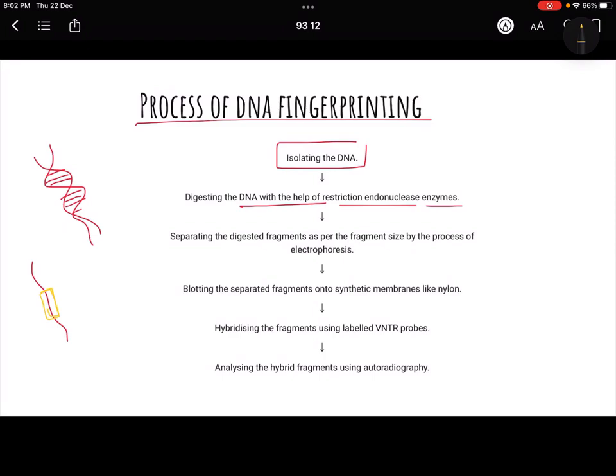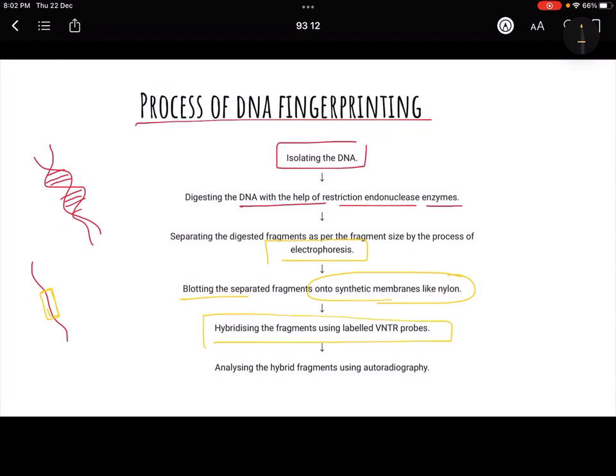Then this fragmented part goes through the process of electrophoresis I showed you. Then whatever result we get from electrophoresis, we put it on a membrane, a nylon membrane basically.